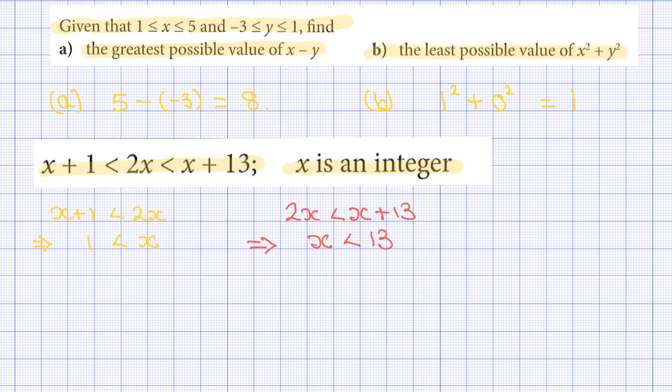Bring them both back together. So x lies between 1 and 13. But 1 and 13 are not included. So the possible answers here are 2, 3, 4, 5, 6, 7, 8, 9, 10, 11, and 12.